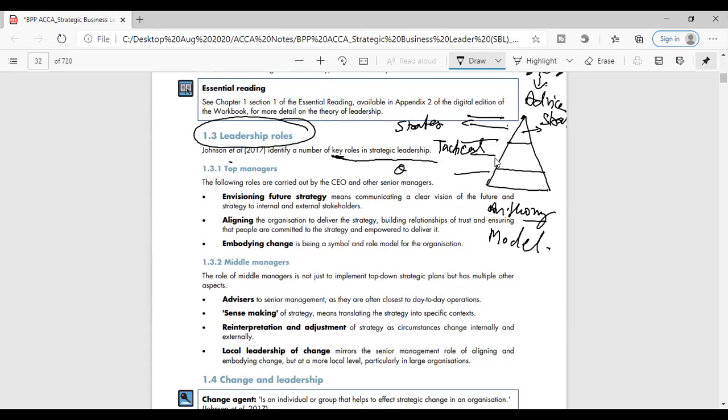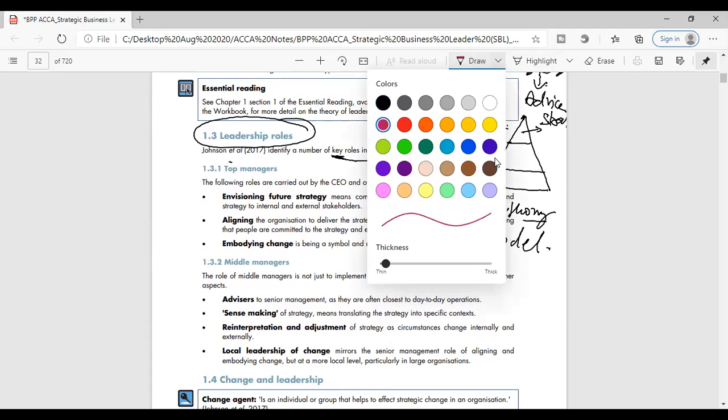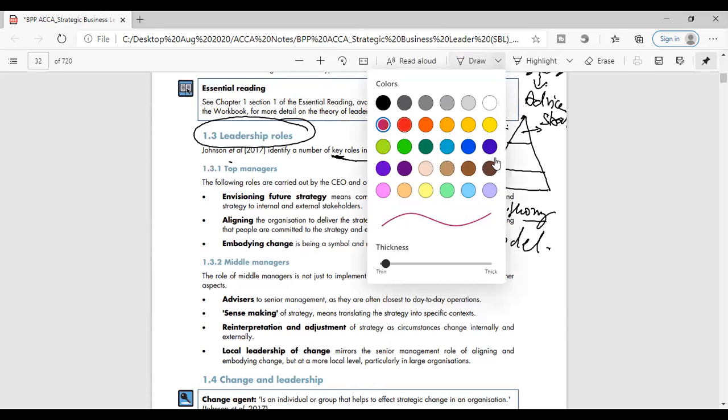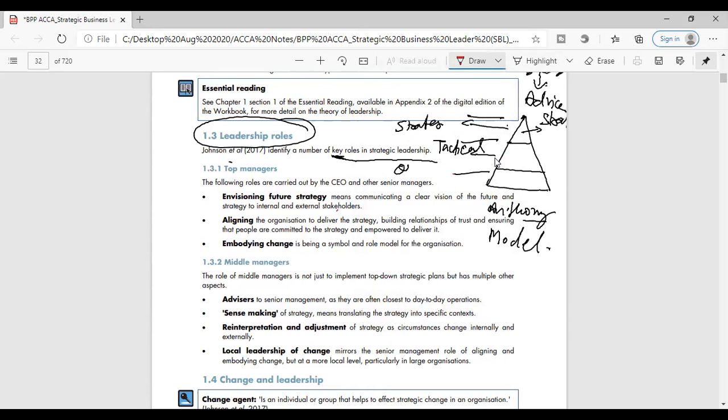And third is operational. So there are 3 layers of any organization: strategic, tactical, and operational.